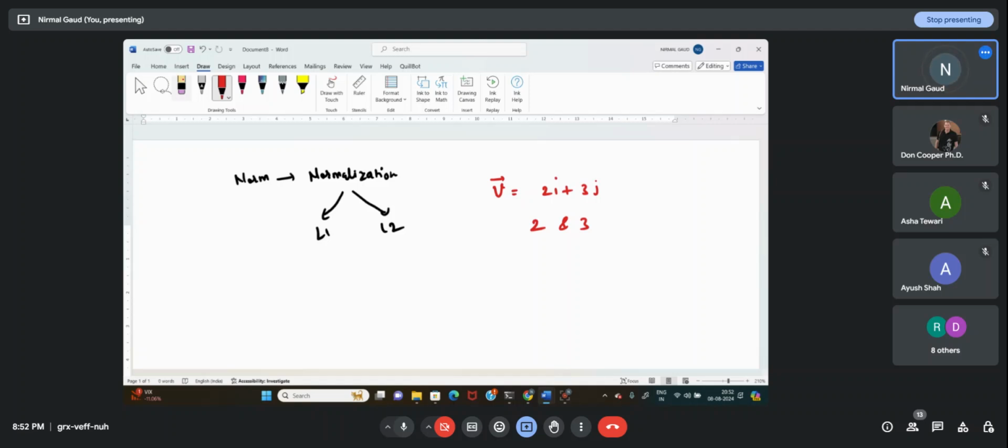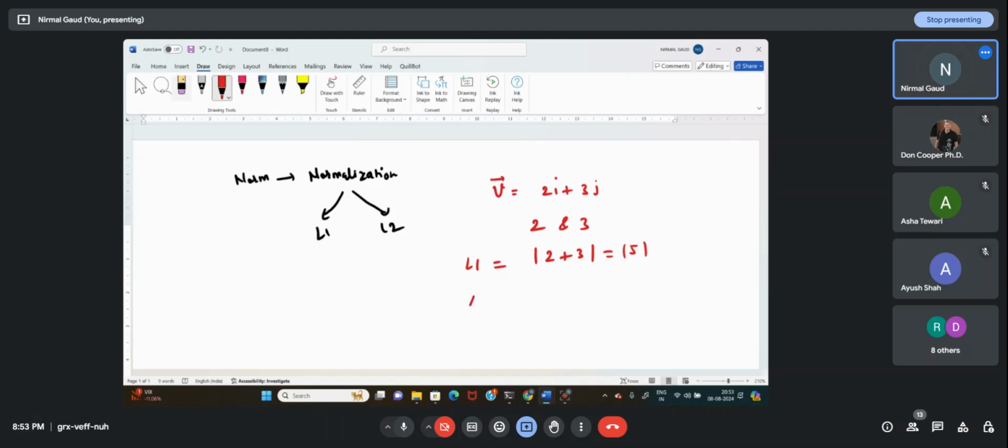You add the coefficients, that will be 5. This is L1. Adding the coefficients is said to be L1.